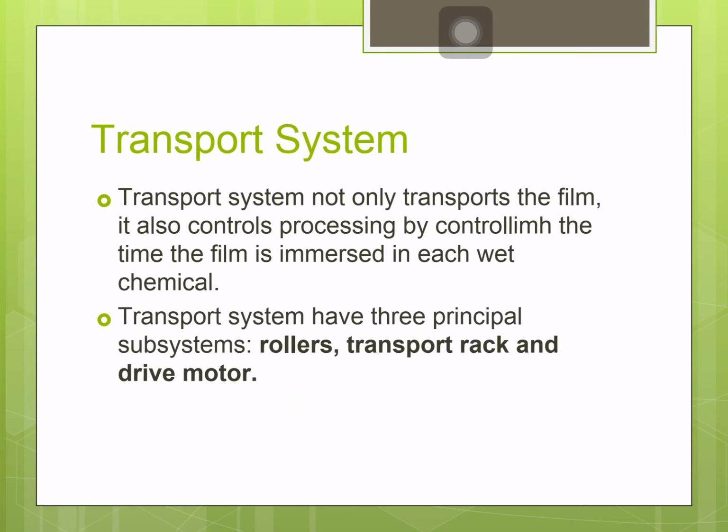Kung gaano katagal mag-i-immerse yung ating radiographic film sa bawat chemical tank. Okay? So, the transport system have three principal subsystems. First, we have rollers, and then transport rack, and the drive motor.